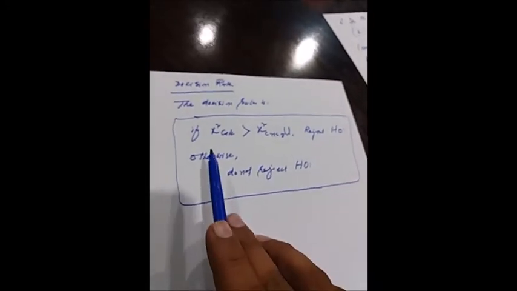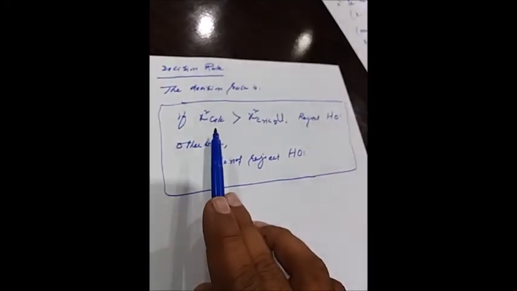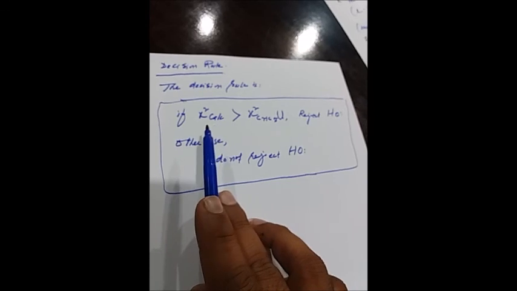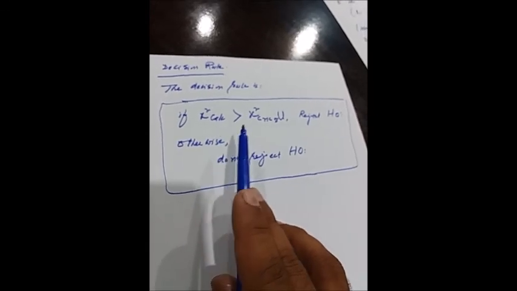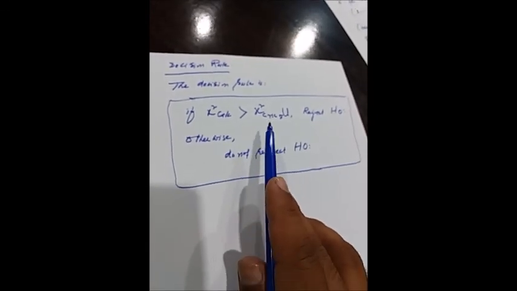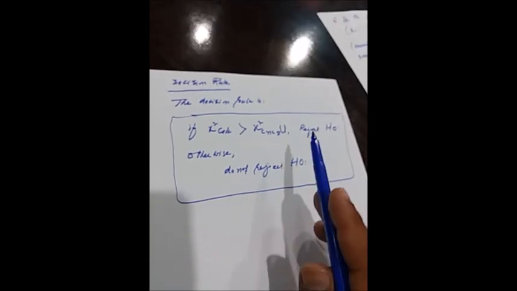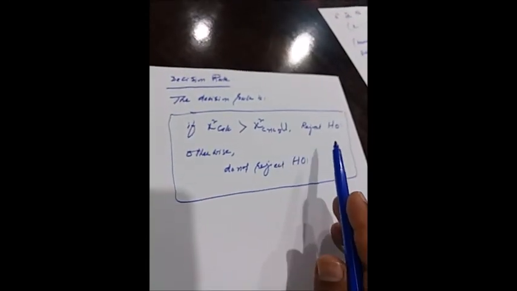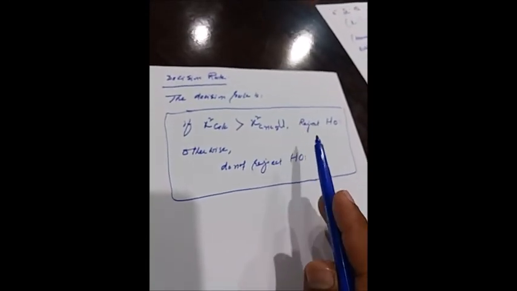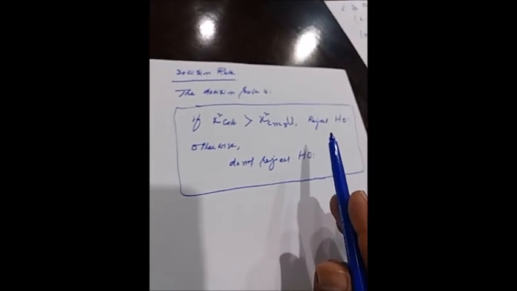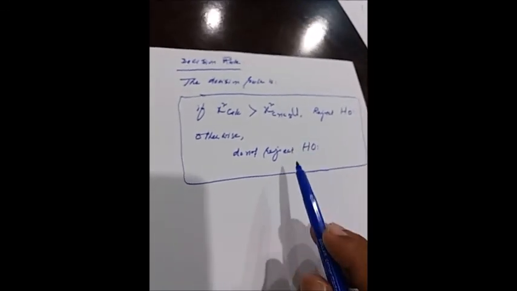If the calculated value of the chi-square is less than the critical value of the chi-square, then accept the null hypothesis and reject the alternative hypothesis. So this is basically the rule of thumb.